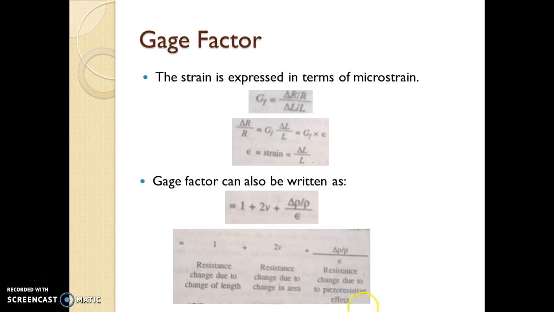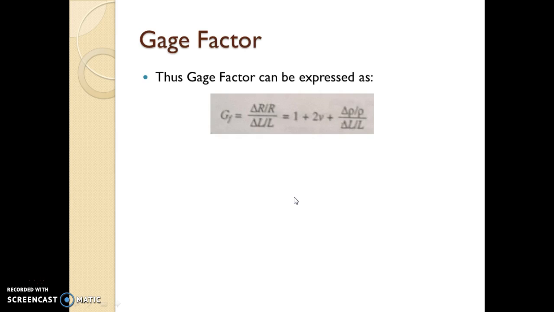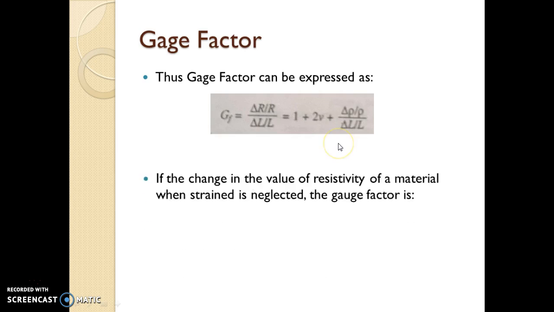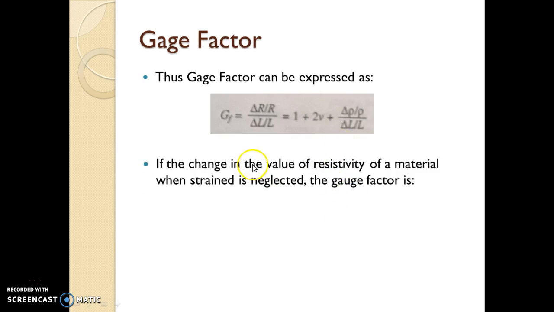And this is resistance change due to the piezoresistive effect. So gauge factor can be expressed as 1 plus 2 mu plus this. Now when the change in resistivity of the material is neglected, the gauge factor is 1 plus 2 mu. So this is all about gauge factor, stress and strain.